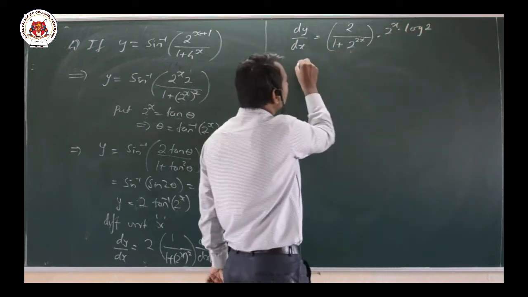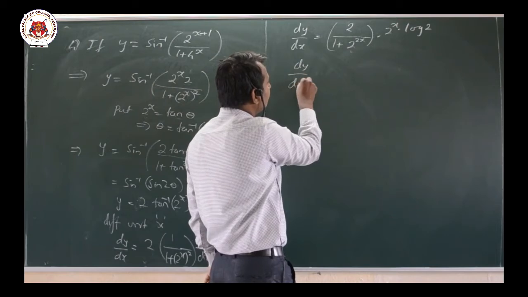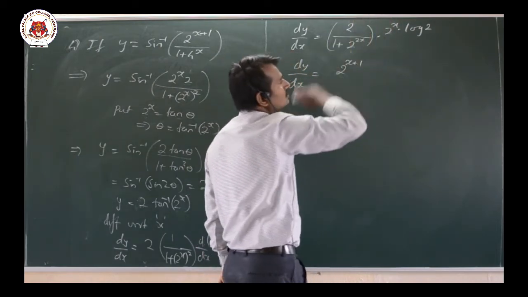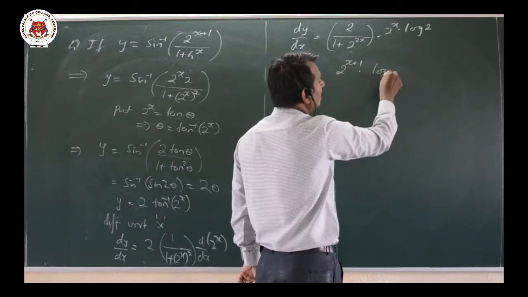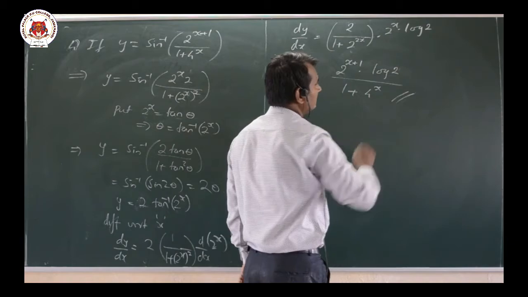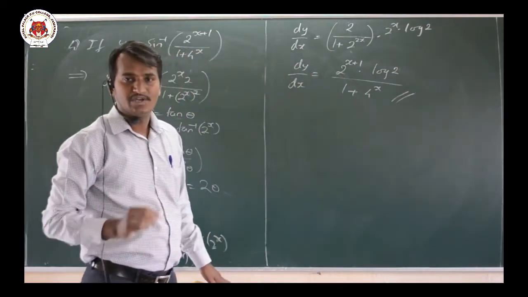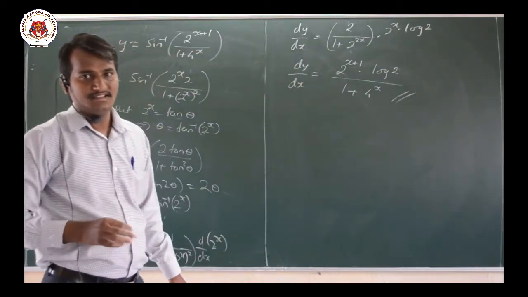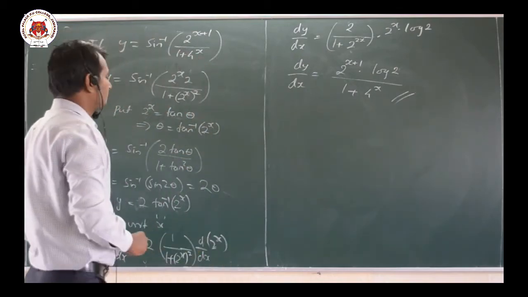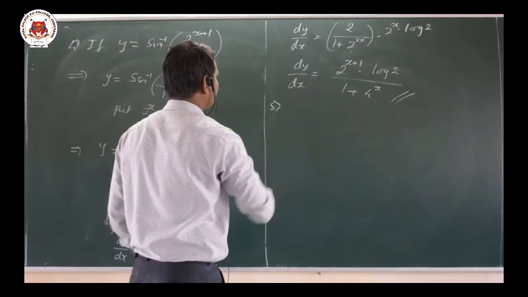So ultimately dy by dx equal to 2 raised to x plus 1 into log 2, whole divided by 1 plus 4 raised to x. That is the required result. Very very simple and easy example. Okay dear students, now let us move on with the next problem, that is the fifth one.